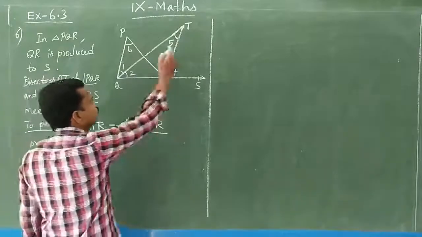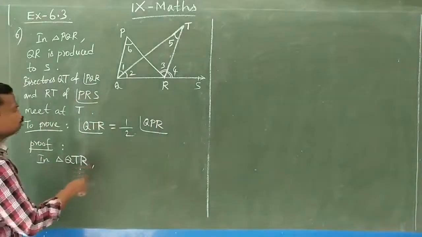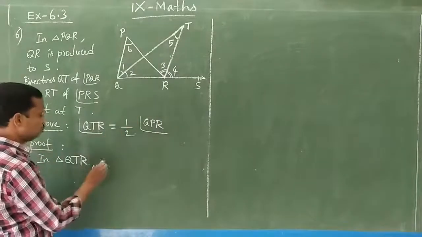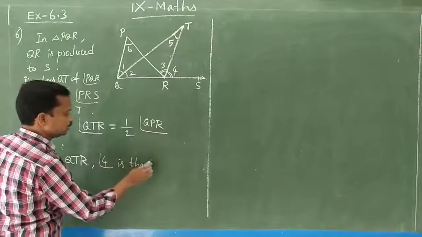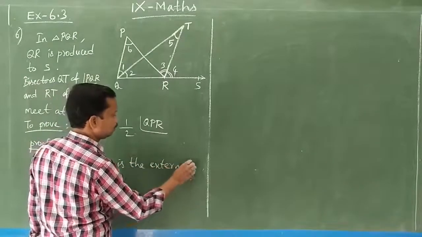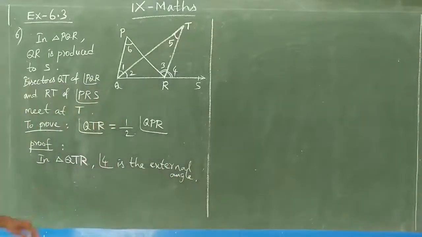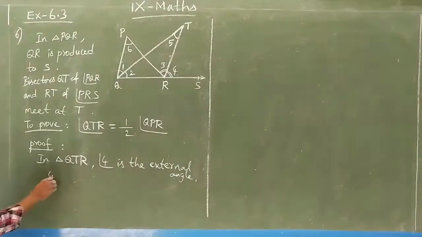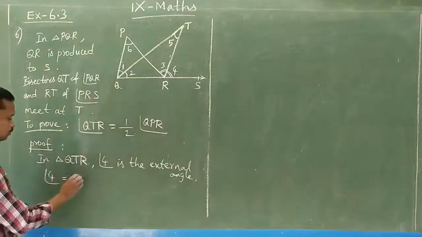Clear? 2 and 5. So you can write like this: in the triangle, angle 4 is the external angle. Therefore we can say angle 4 is equal to angle 2 plus 5.